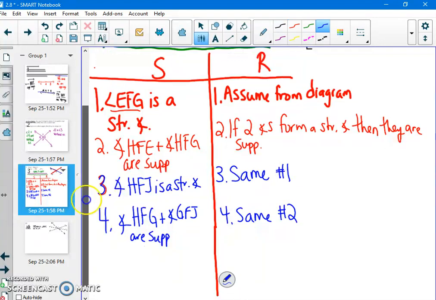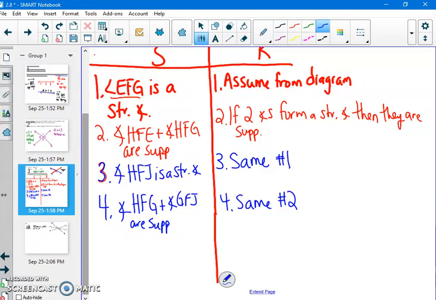Alright, and finally, we have angle HFE being congruent to angle GFJ because they are both supplementary to HFG.